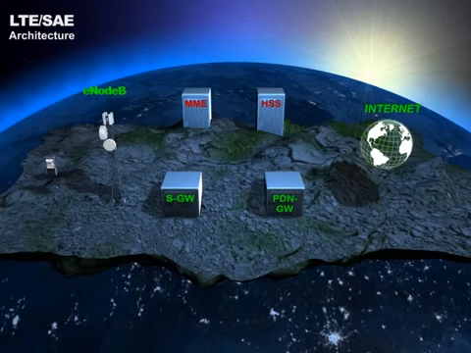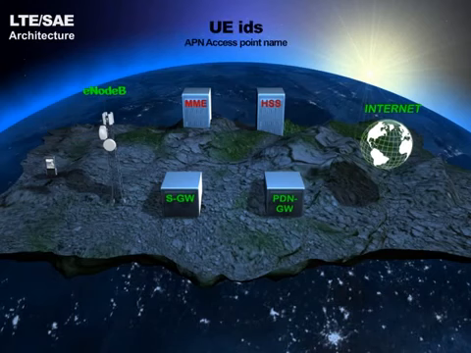In GPRS and UMTS, you could still reach the mobiles with an incoming call over the circuit-switched core. As an end user, you can specify from which IP address sphere the desired IP address should be fetched. This parameter is called APN, Access Point Name.